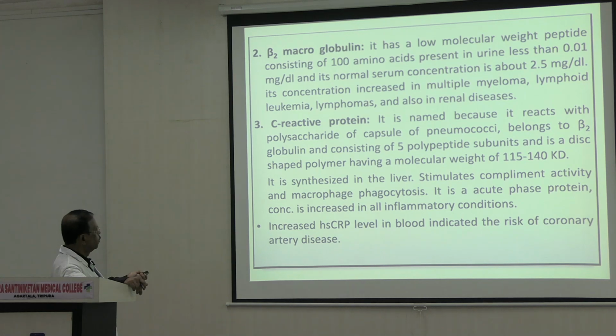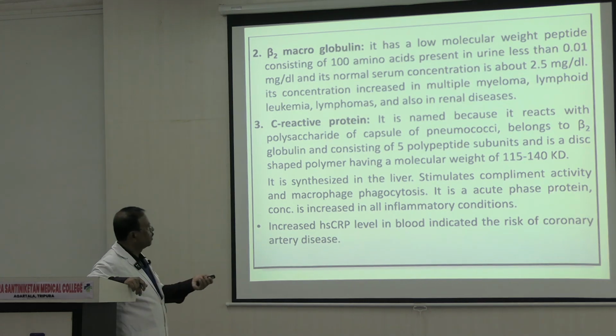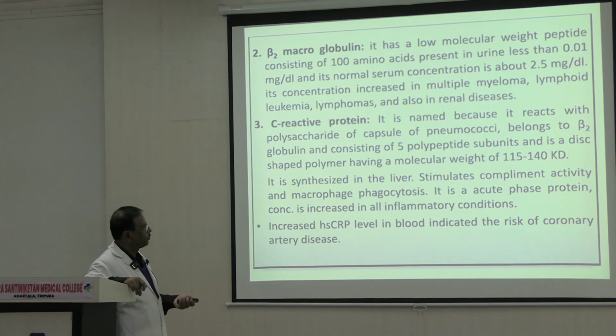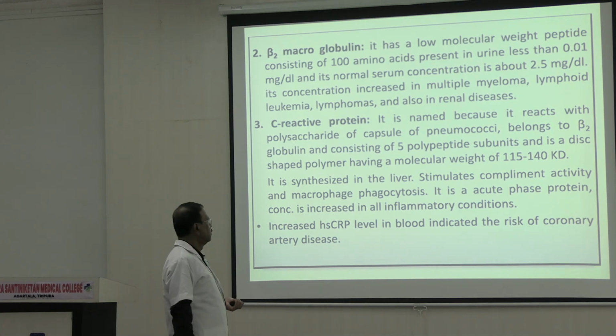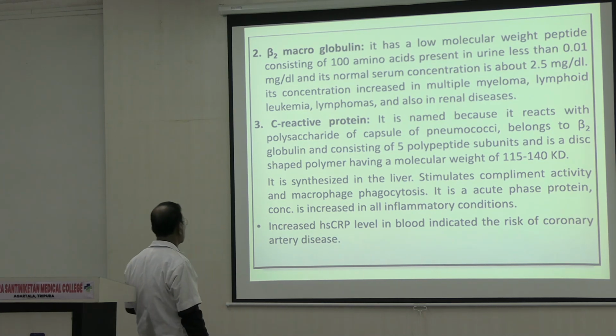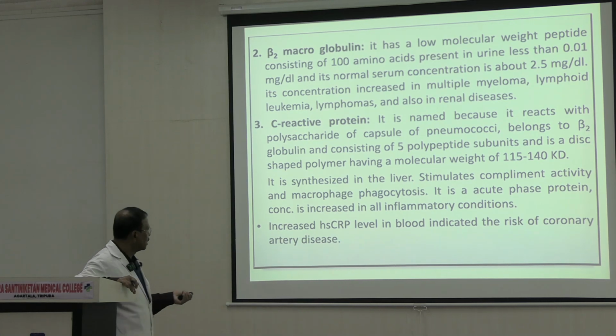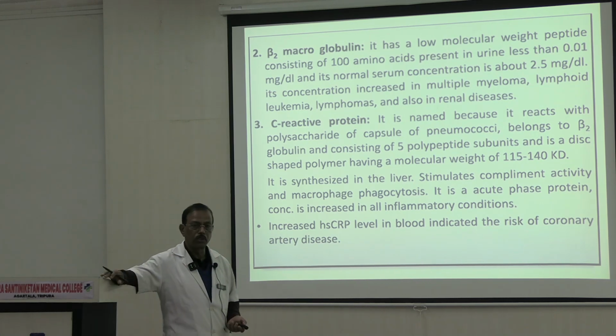It belongs to the beta-2 globulin group and consists of 5 polypeptide subunits and is a disc-shaped polymer having a molecular weight of 115 to 140 kilodalton. It is synthesized in the liver, and stimulates complement activity and macrophage phagocytosis. It is an acute phase protein, its concentration increases in inflammatory conditions.